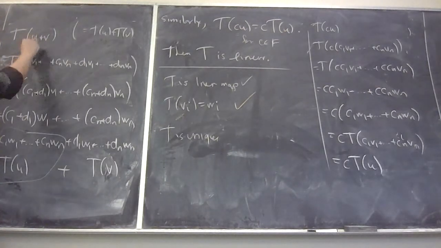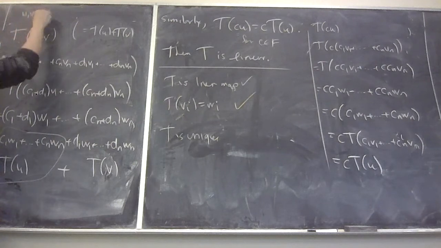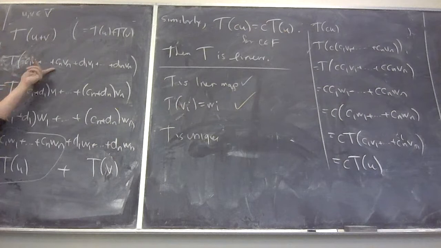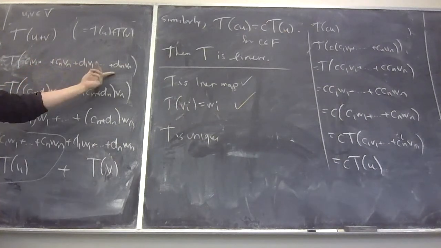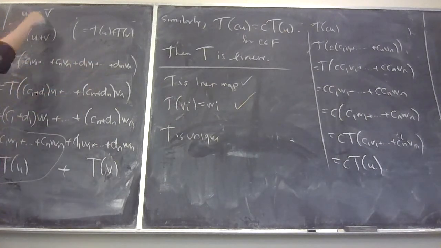Yes, because u and v are elements of the vector space V, then each one of them can be expressed individually as a linear combination of the elements of the basis, right?